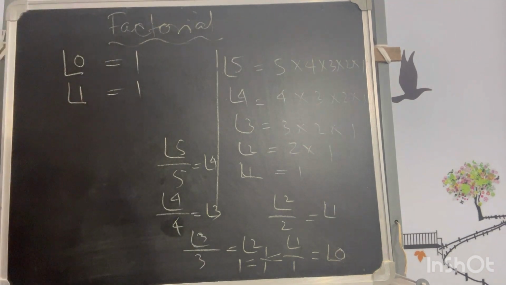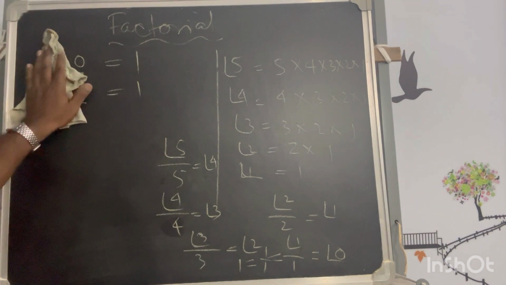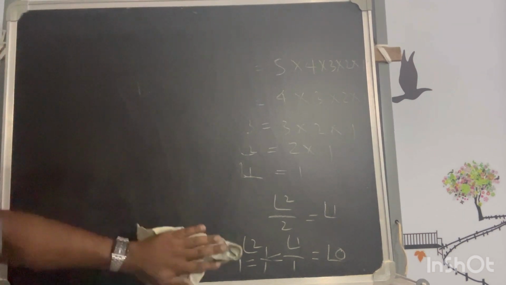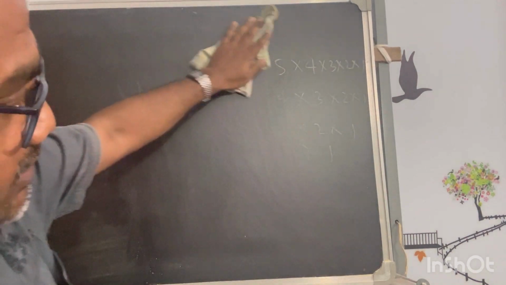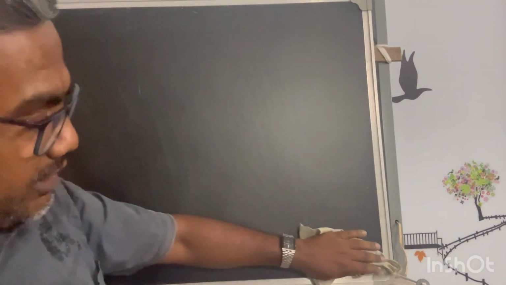So be with me, follow the classes. This subject is very interesting, and if you miss something, you will not be able to understand the applications or the exercises. So be alert, and try to understand the concept that I am trying to make you understand. That is very important.